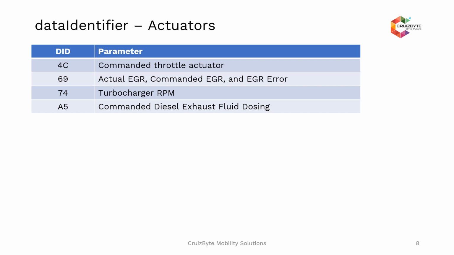And this is an example for actuators. In the previous DIDs, a group of signals together formed a DID. Here the DID itself could be a single parameter PID, where you can see 4C is a throttle actuator, 69 is a commanded EGR, 74 is turbocharger RPM, A5 is commanded diesel exhaust fluid dosing.